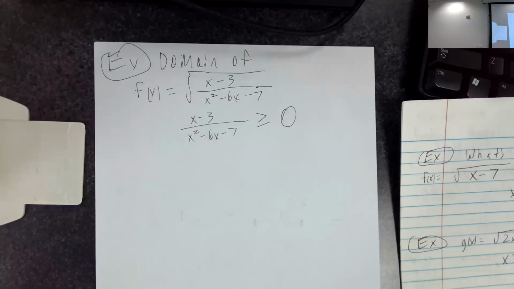The denominator cannot be zero because when it's zero, it's undefined. Yeah, so 3 was good, so we closed it. And 7 is bad. When it's bad, it'll be open, and -1 also will be 0 in the denominator.